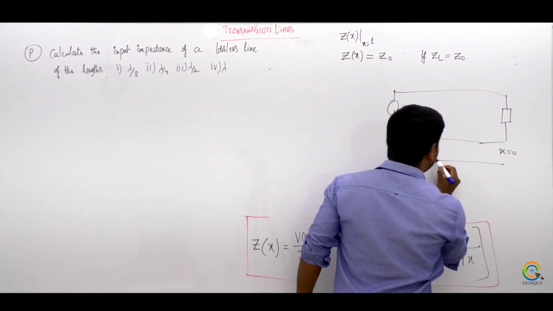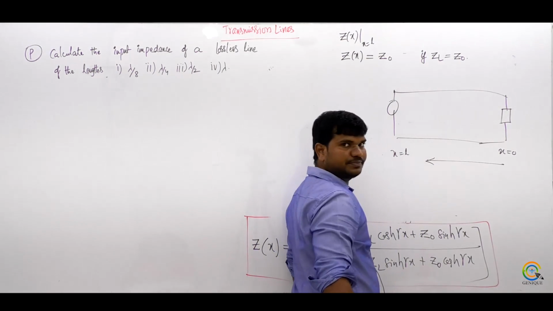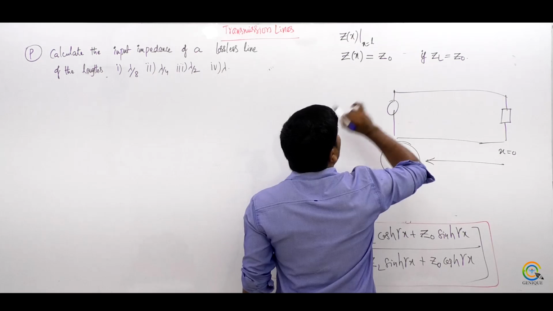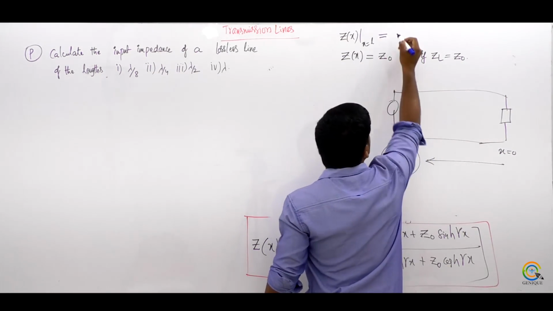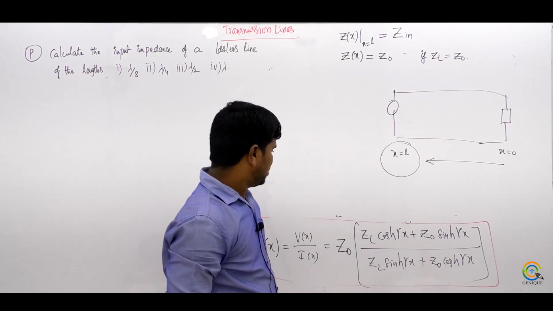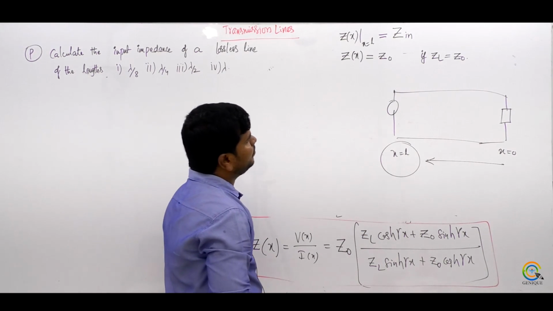So this is the x increasing direction, and this is the x decreasing direction. So at x equals to L, the impedance is called Z at input. If you put x equals to L, that is called Z in.